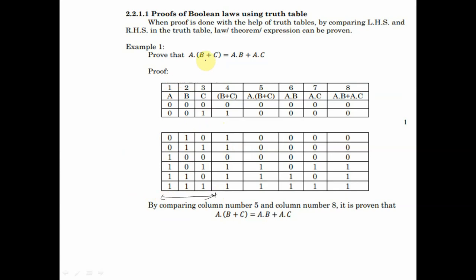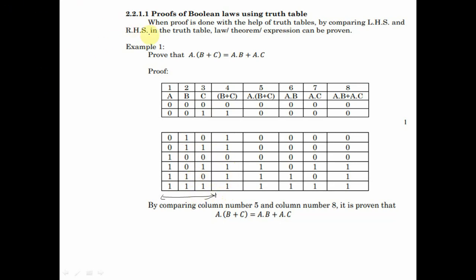Now the first column is B plus C. 0 plus 0 is 0, 0 plus 1 is 1, 1 plus 0 is 1, 1 plus 1 is 1, 0 plus 0 is 0, 0 plus 1 is 1, 1 plus 0 is 1, 1 plus 1 is 1.